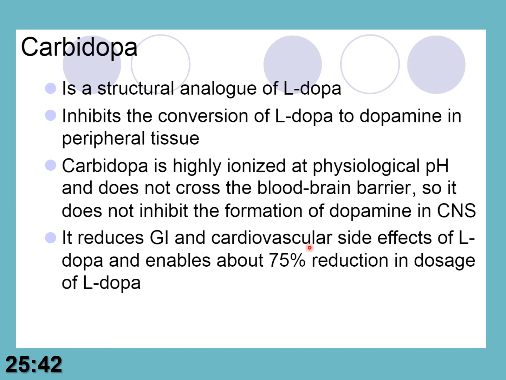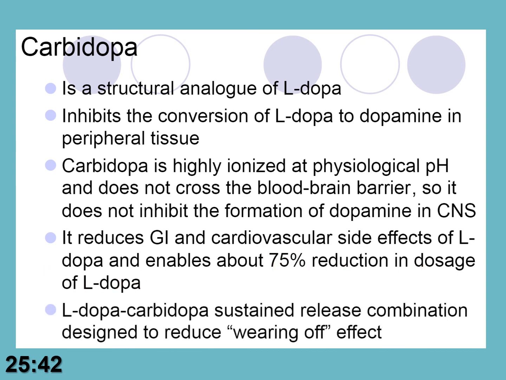So it will reduce the cardiovascular and GI side effects of L-DOPA and will potentiate the efficacy of L-DOPA. So we can reduce the dosage and prevent the wearing-off effect, preventing the on-off effect. By using lower doses, you're less likely to induce side effects, and you're less likely to have that acclimation to dopamine.